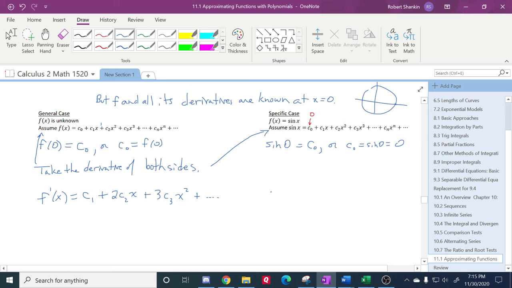Now over here, we take the derivative of both sides. When we take the derivative of sine of x, we get cosine of x.